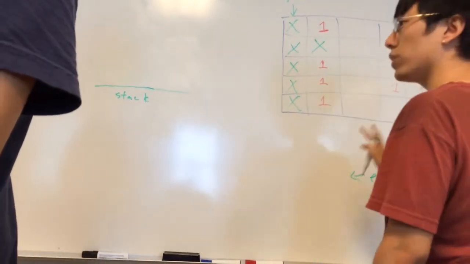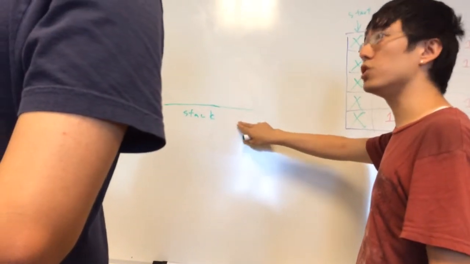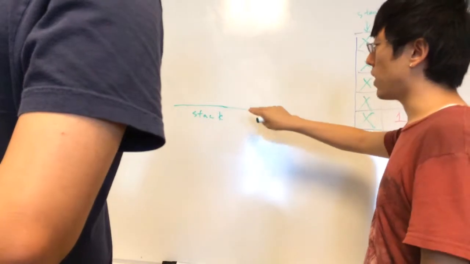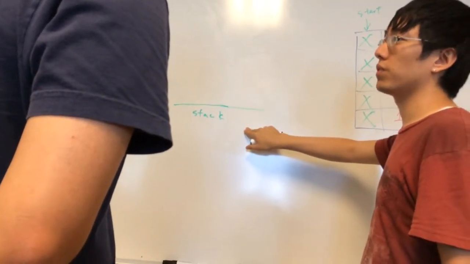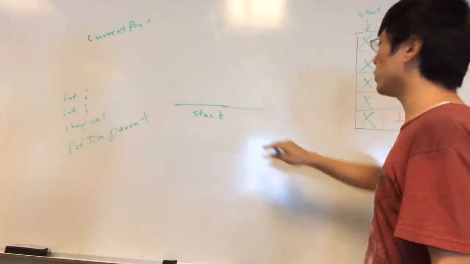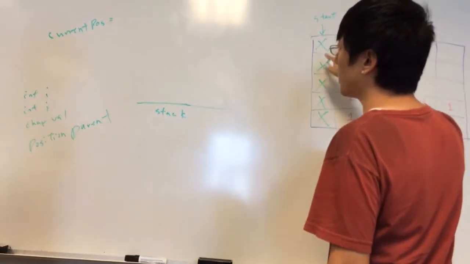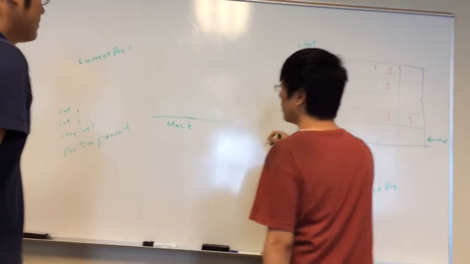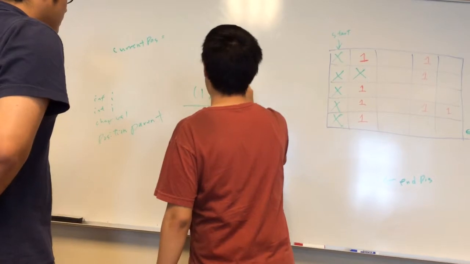So the one thing that's really important is that every time you push a position to the stack, you have to make sure that position you pushed has the proper parent. What do you mean it has the proper parent? Let's say when you push this guy to the stack, this was 1, 1? When you push 1, 1 to the stack, you also know that its character val is 0.